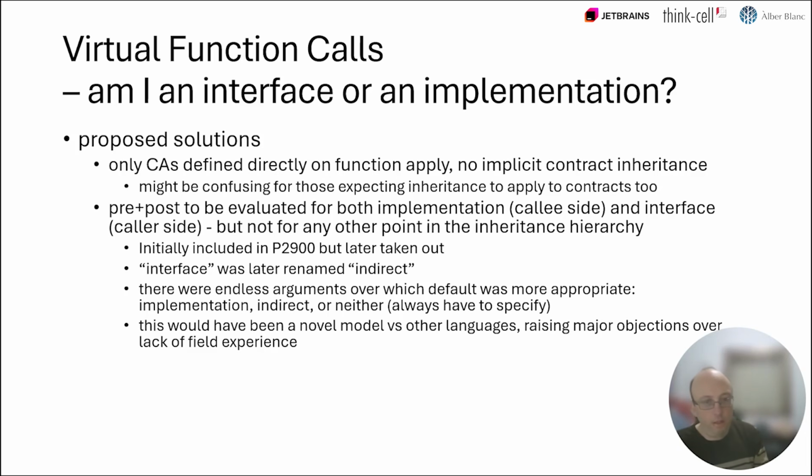And the callee side is the implementation. So now, on any pre or post on a virtual function, you would specify whether it's indirect or implementation. Those would be contextual keywords, and would apply only to that respective side, caller or callee.